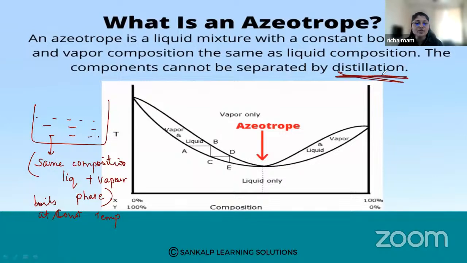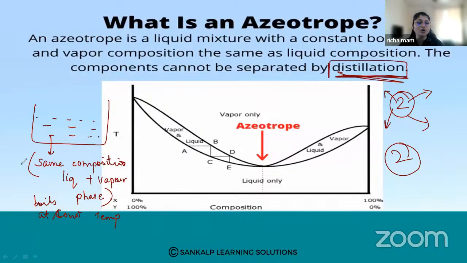Distillation is a process in which we can separate a mixture of two different liquids. The principle depends on the difference in boiling points of the liquids. Any two liquids will have different boiling points, so based on that difference, we can separate them by distillation.